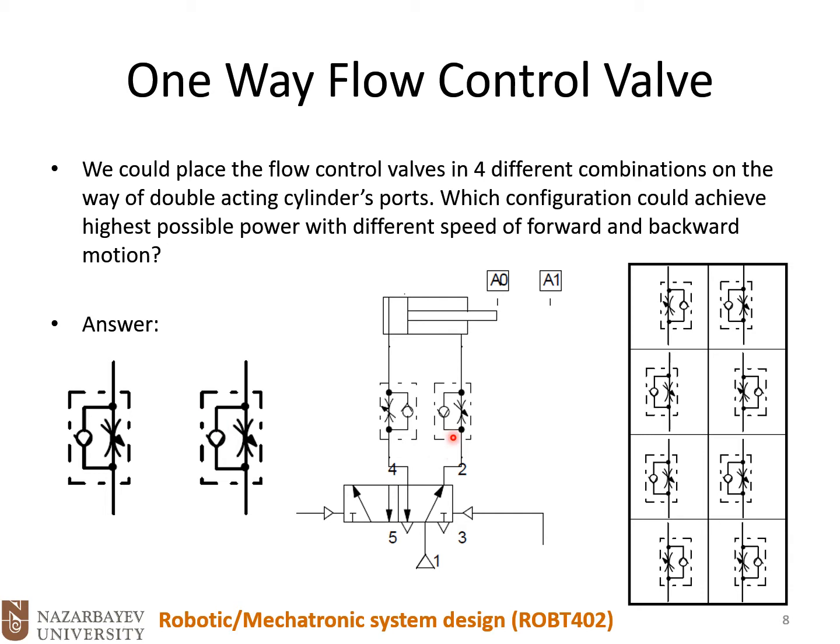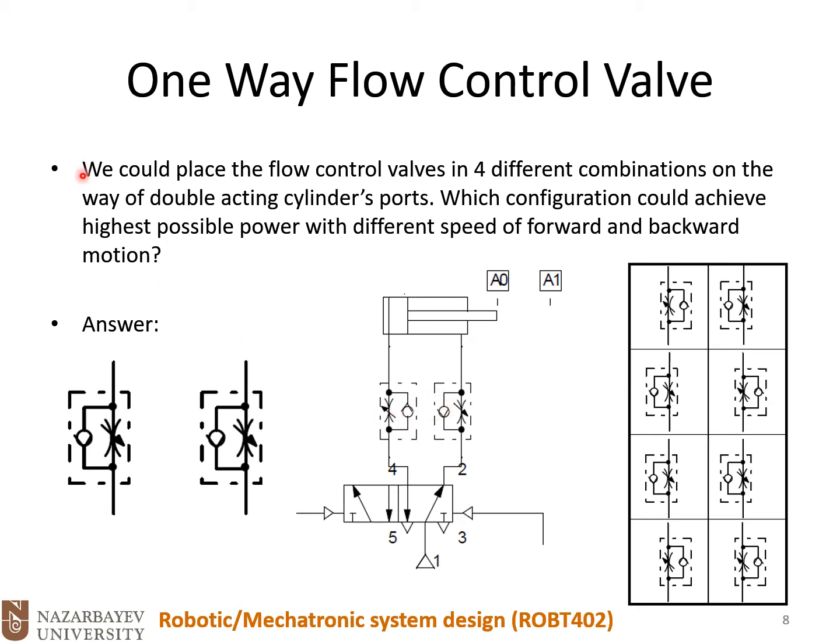They are either embedded into the cylinder, or it's very common to install them separately, and see how we could install them. I strongly recommend you to open one of your directional valve examples and the homeworks that you had before and try to put the one-way control valve.